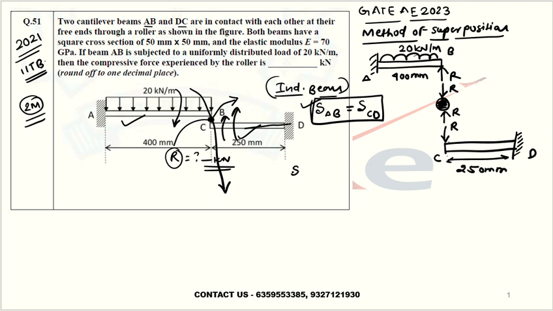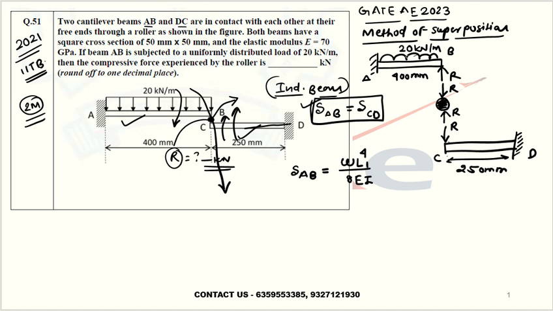So what I will write now: deflection for beam AB because of UDL, having a cantilever beam, deflection will be at the free end. What will be the deflection? Can you tell me? It will be nothing but W L to the power 4, this will be L1, divided by 8 EI. This is the formula.